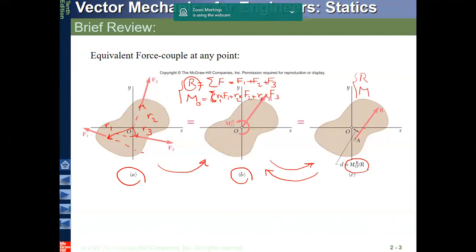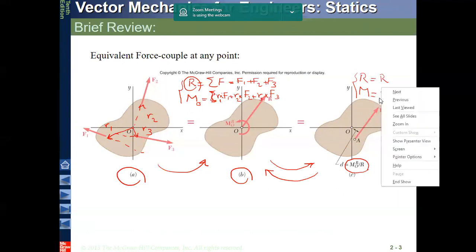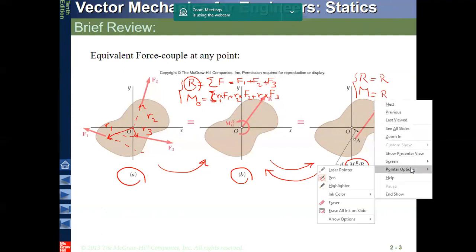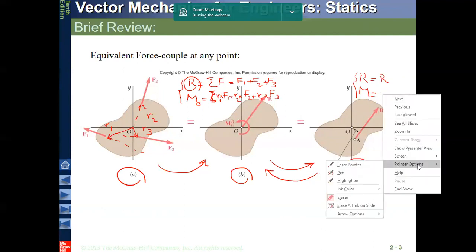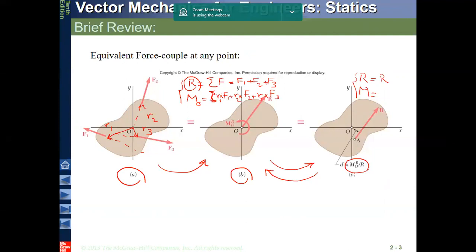So you have only one force here, which is R. This is the resultant force, and the moment would be R times d.